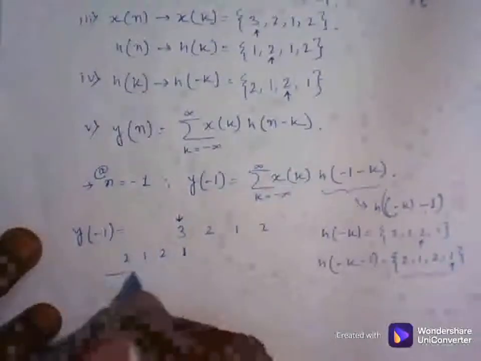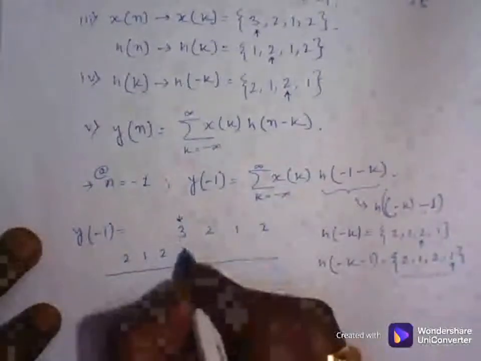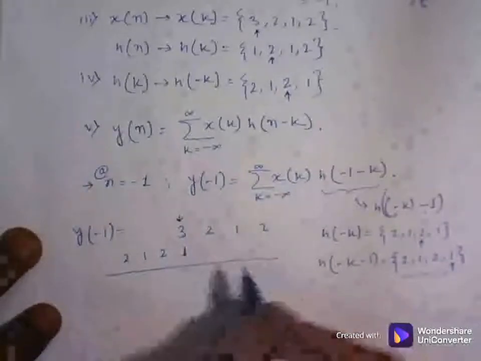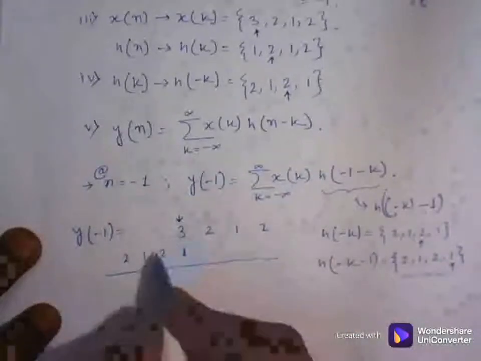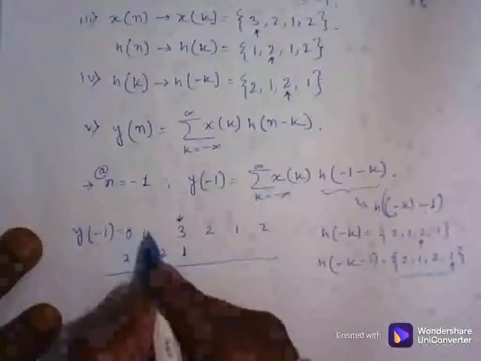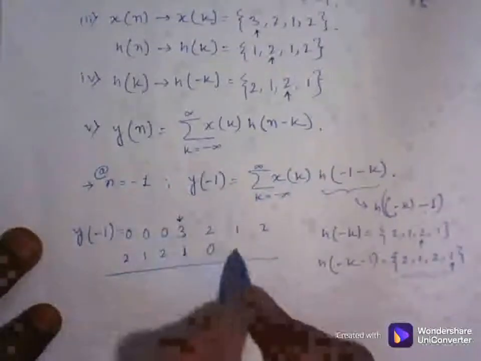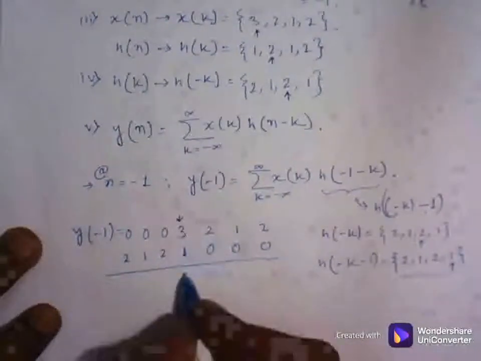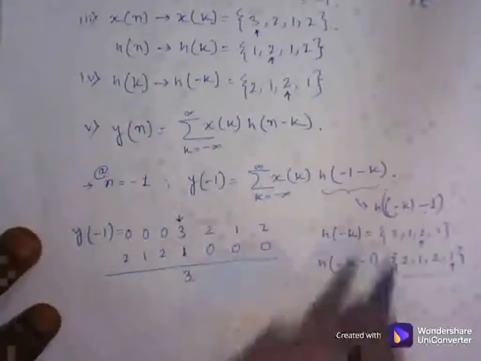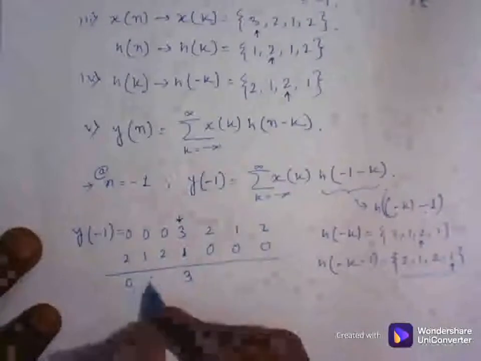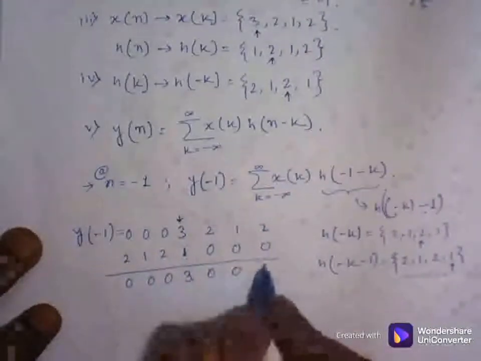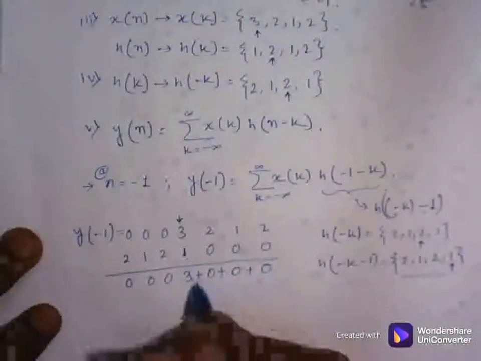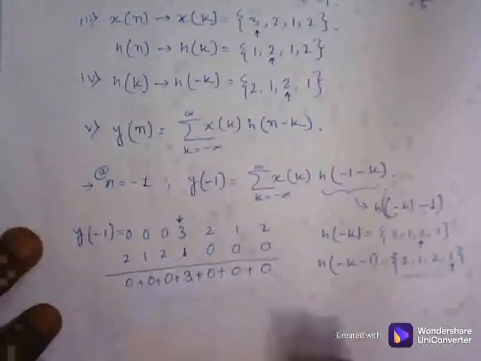Just multiply position-wise and then sum. All other terms are 0, so adding these terms you will get 3.